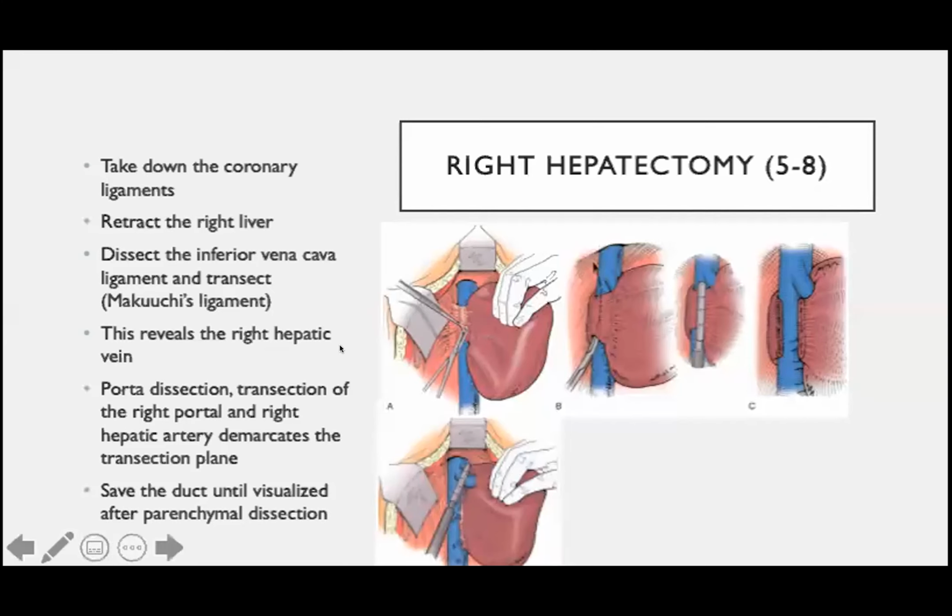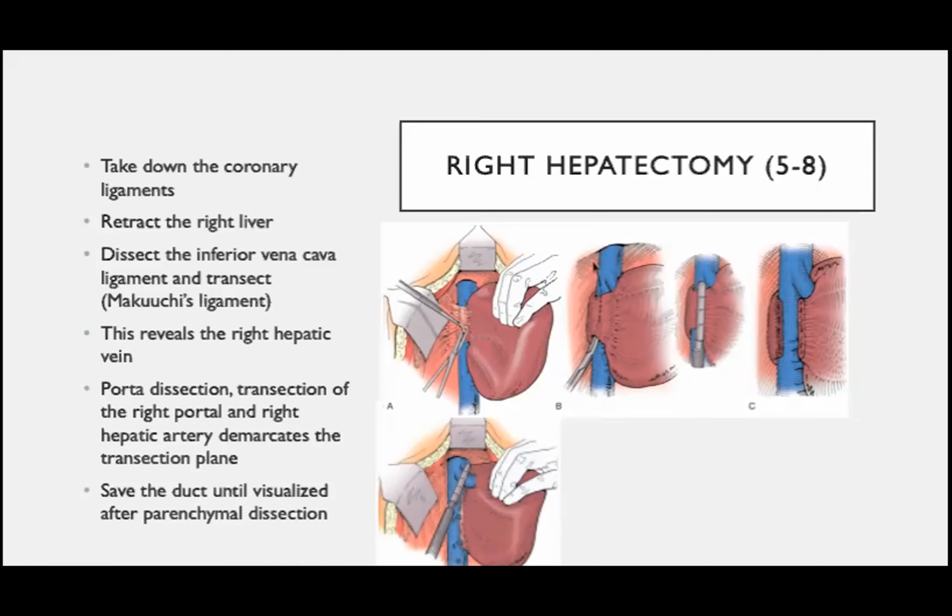You take down the coronary ligaments, retract the right liver, dissect the IVC ligament and transect it, which will reveal the right hepatic vein. Then you go to transection of the right portal pedicle and right hepatic artery, which demarcates the dissection plane. The duct should be left to be dealt with until after the parenchymal dissection.